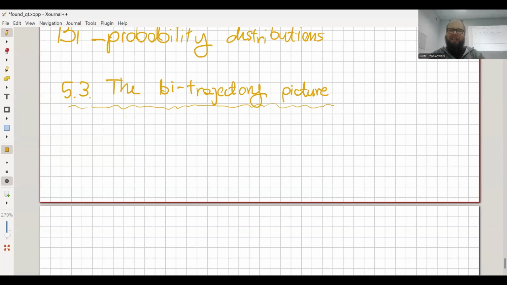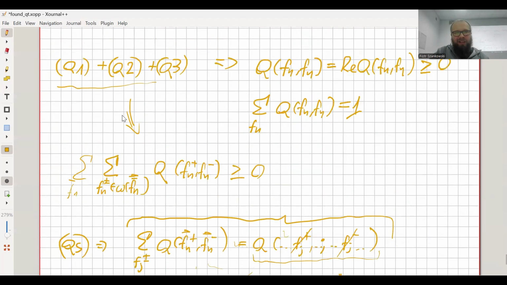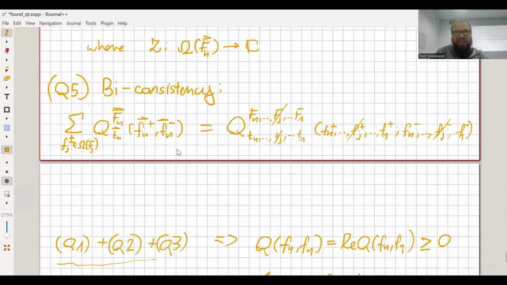Everything else follows. And now the bi-consistency here is responsible for negating the trajectory picture in quantum mechanics, from what we saw. But those bi-probabilities still retain this idea of consistency, but instead of for one sequence, now for two sequences.